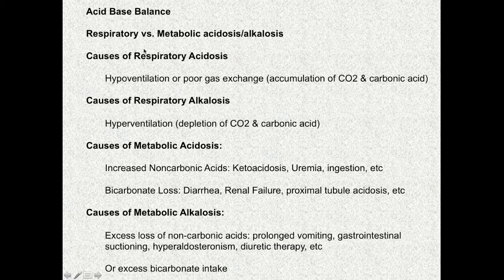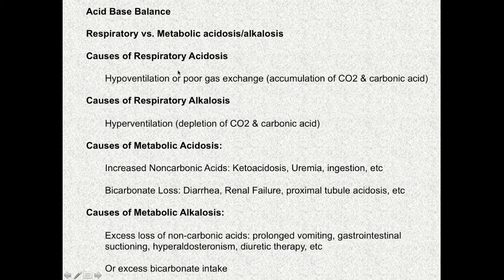So respiratory acidosis, respiratory alkalosis versus metabolic acidosis, metabolic alkalosis. This is describing the cause of the acid-base imbalance. Now, a respiratory acid-base imbalance is not, as you can imagine, going to be compensated for by the respiratory system.